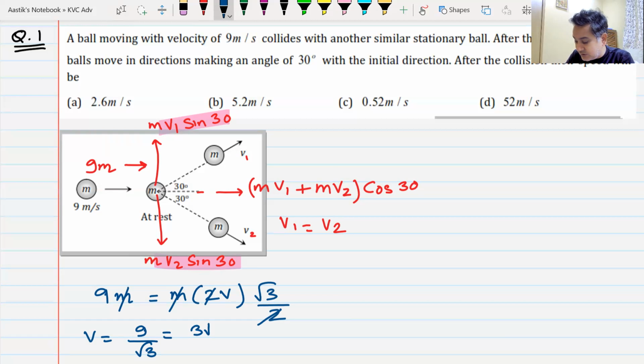So the answer will be 3 times root 3. Root 3 is 1.7 multiplied by 3, 5 point something. And the only option with 5 point something is option B. Do we understand how we are supposed to do this? Yes, sir. Everyone, can I have some raised hands that we got this?